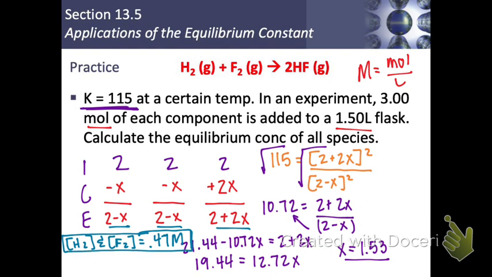And that means the concentration of my product, HF, is equal to 2 times 1.53 plus 2, which would give me 5.06 molar.